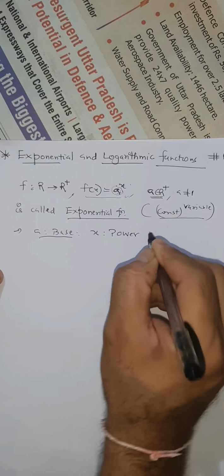Log x to the base A is log x to the new base B over log A to the new base B. For example, suppose I have log 2 to the base 10 and I want to convert it into e. So I can write log 2 to the base e over log 10 to the base e.